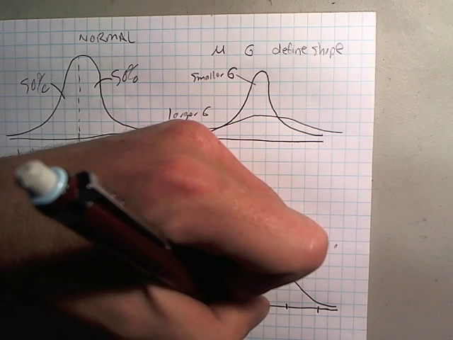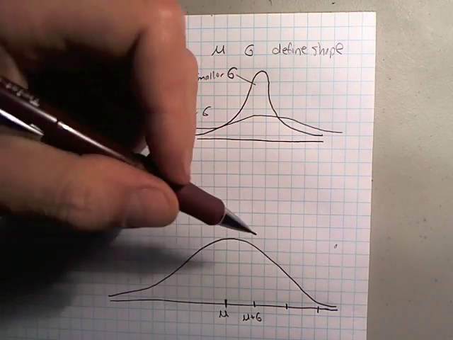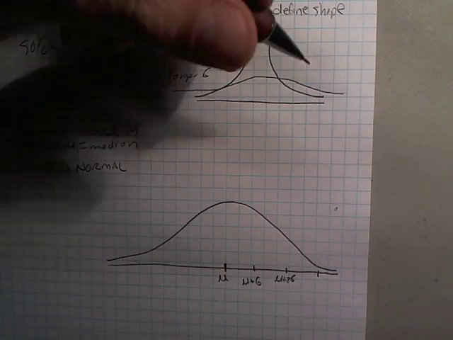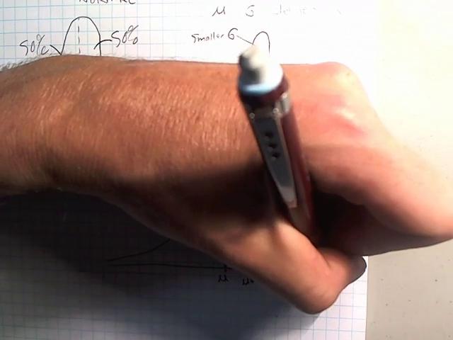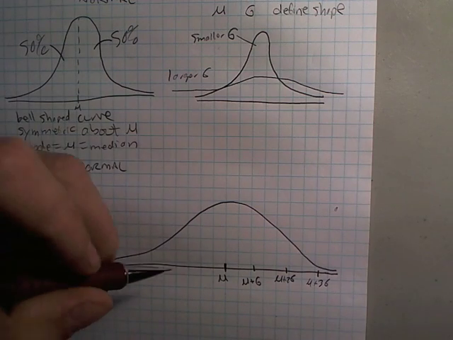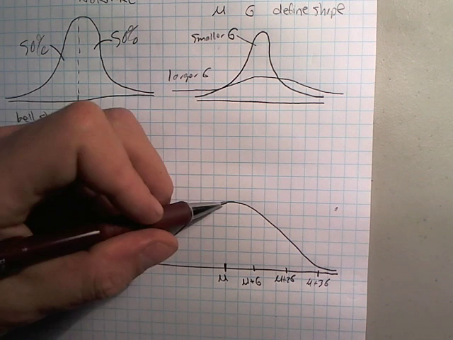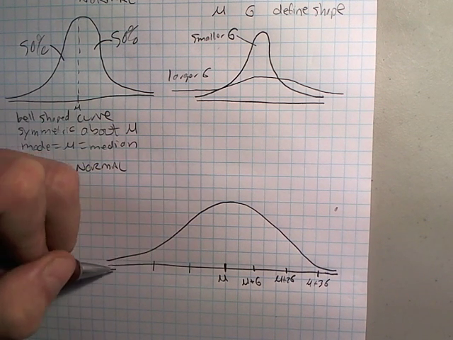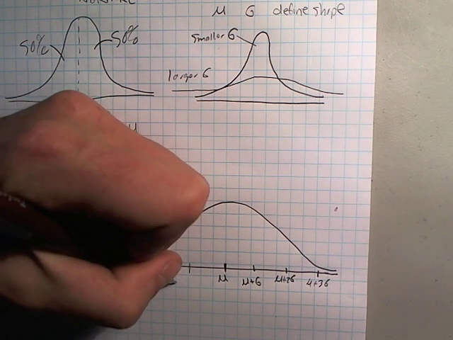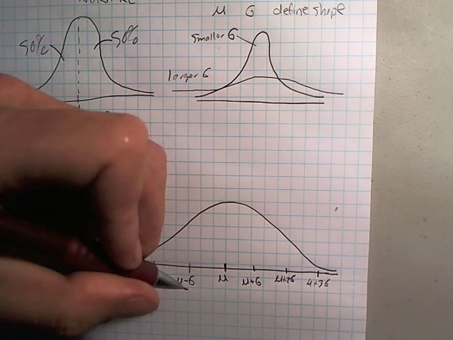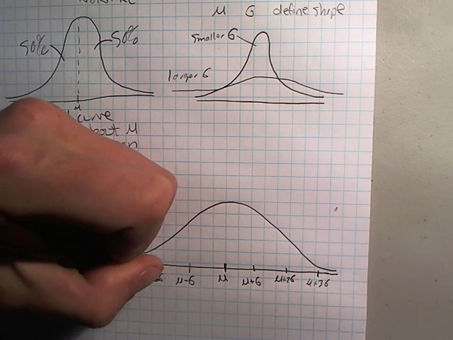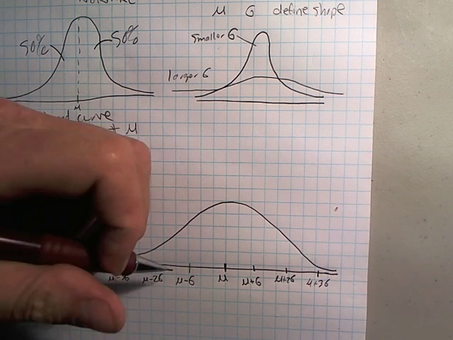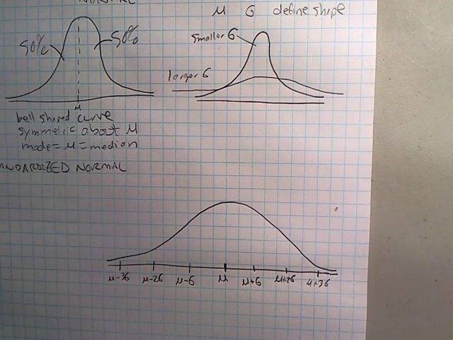So the mean plus 1 standard deviation, the mean plus 2 standard deviations, and finally the mean plus 3 standard deviations. And because of the symmetry, we'll do that same thing on the left side of the distribution: mu minus 1 standard deviation, mu minus 2 standard deviations, and finally mu minus 3 standard deviations.